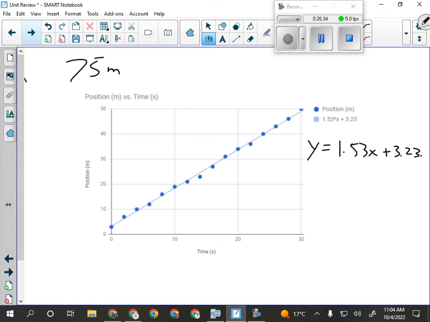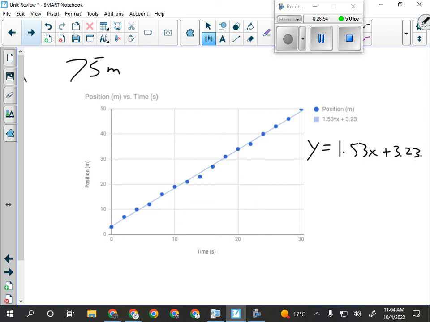Okay, how long to reach a position of 75 meters? 49 seconds. Okay, I don't know what it is, I haven't calculated it myself. If I'm looking for how long, what am I looking for? X. Time is on the x-axis. Time measures how long.